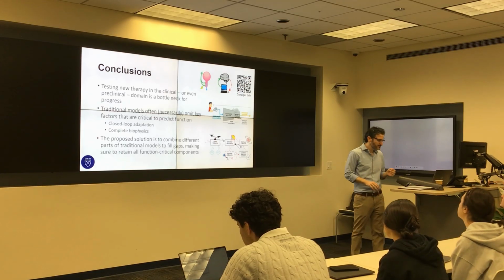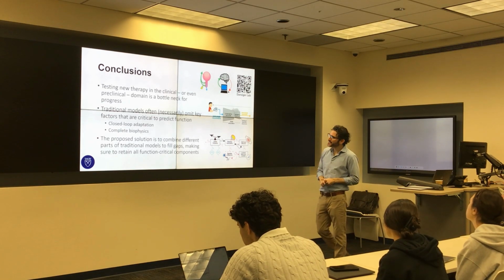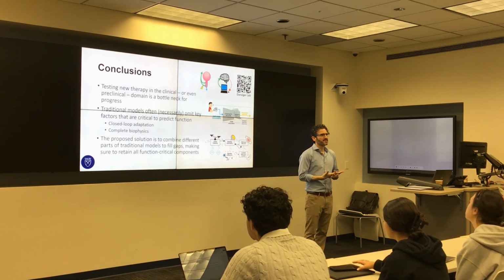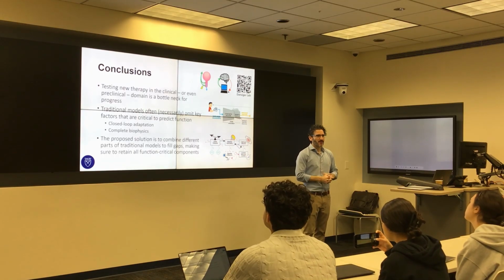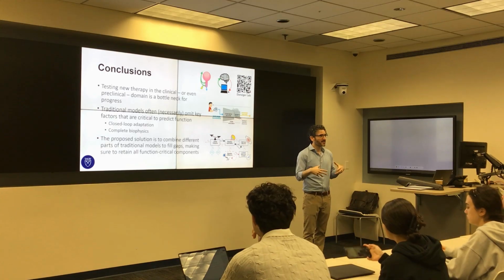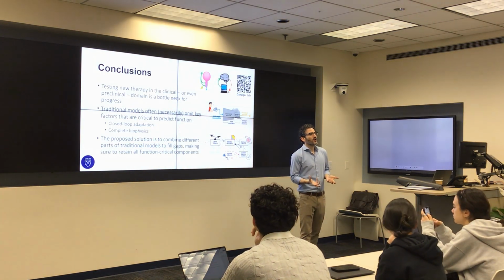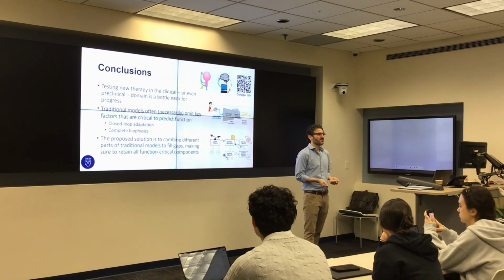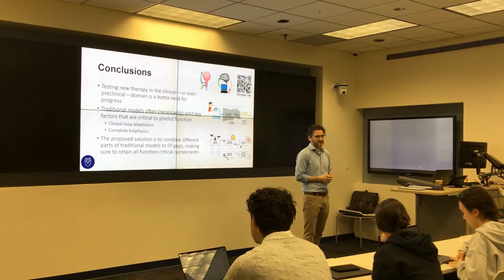So, in conclusion, I think that if we are willing to be a little bit more creative about the models we use and combine the best aspects of each, we can create hybrid models that have an advantage over the existing things that we have.